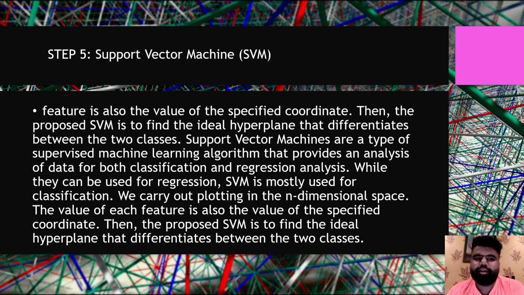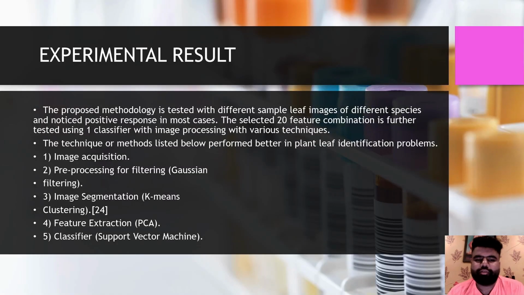So lastly, we are going through the experimental results for plant identification. The process and proposed methodology is tested with different sample leaf images of different species and a positive response is noticed in most cases. The selected 20 features combined are further tested using one classifier with image processing with various techniques.